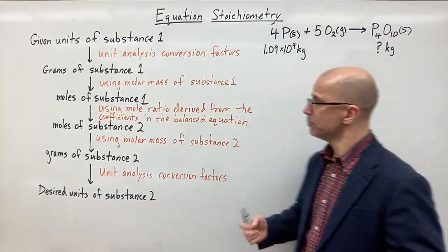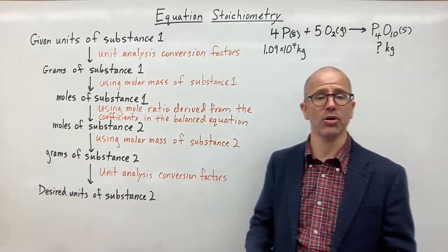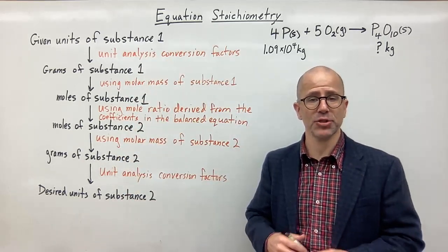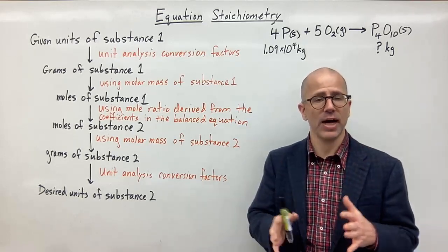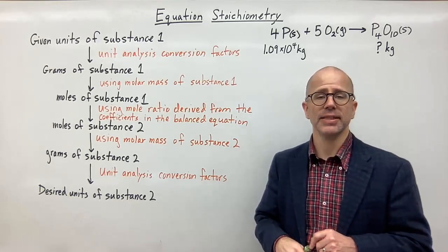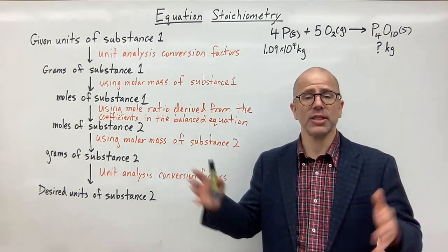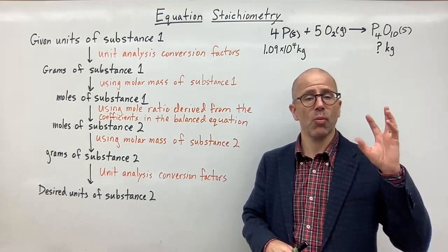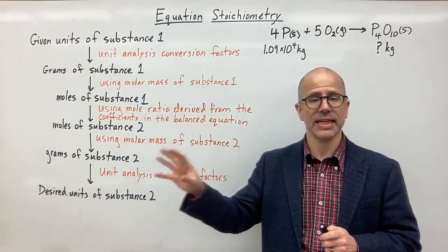Okay, so what I have here is a sort of roadmap that you should follow whenever you're given a stoichiometry problem. Now, the dead giveaway that you've got a stoichiometry problem is that you're given a balanced equation, or you need a balanced equation in order to convert from one substance in a reaction to a different substance in a reaction.